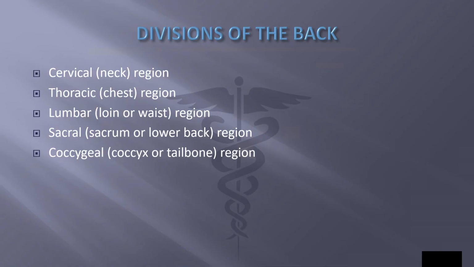And then we have division number 4, which is S1 through S5. This is 5 fused bones, and this is the sacrum or lower back region.